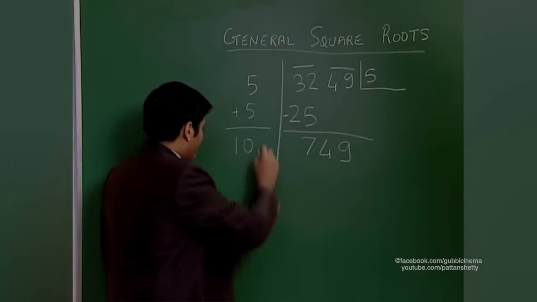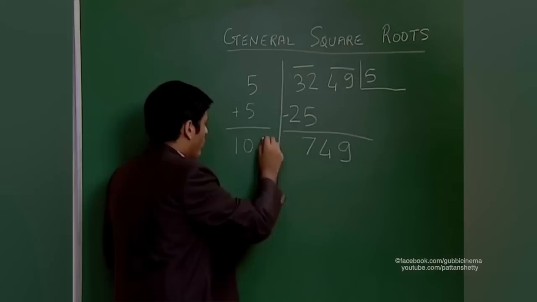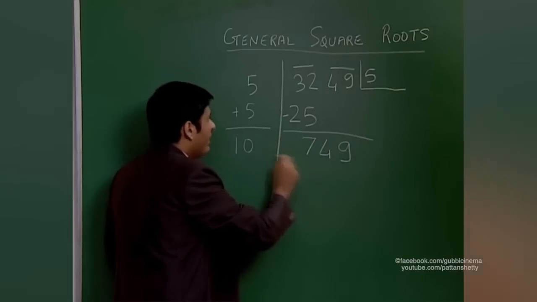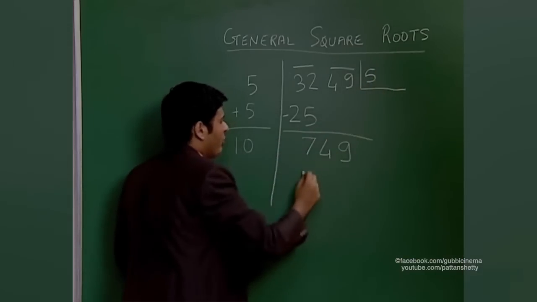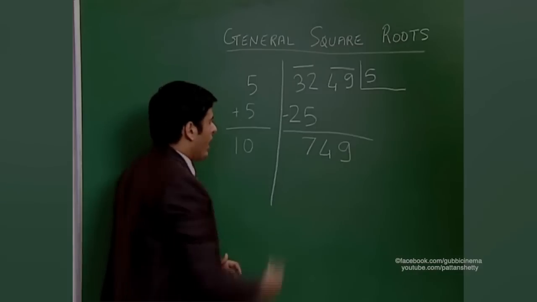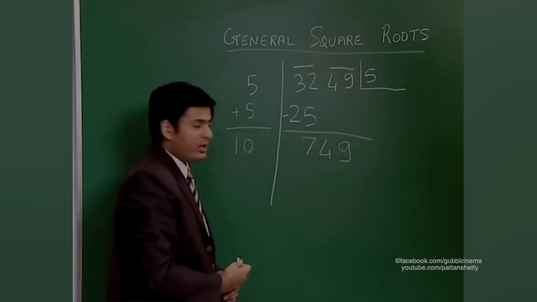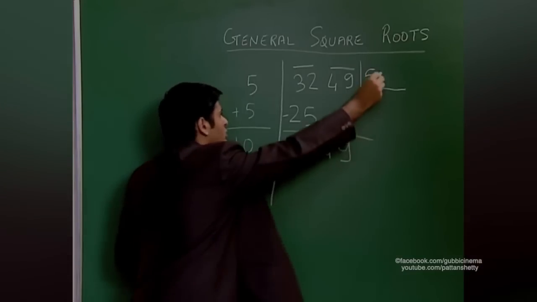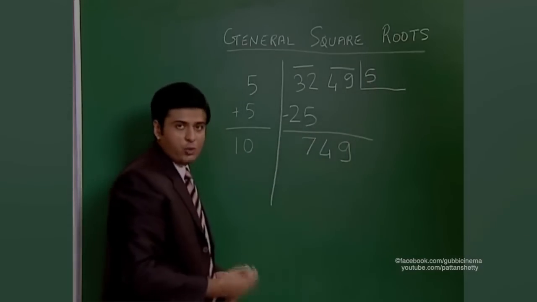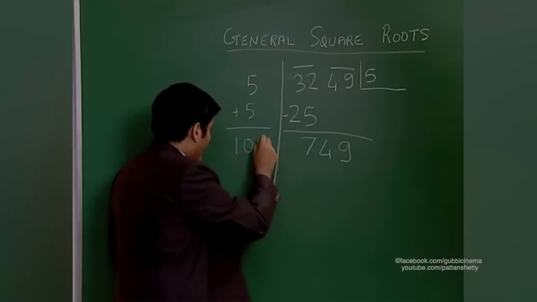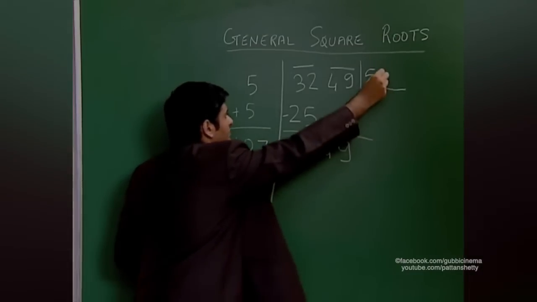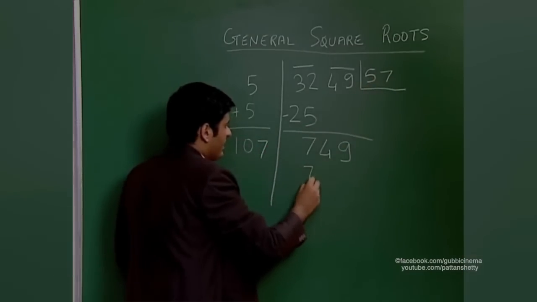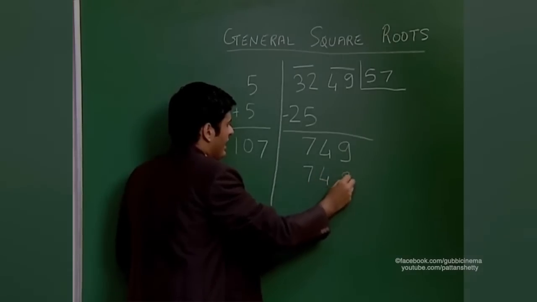So if I suffix 1 here, it becomes 101. 101 multiplied by 1 would give me 101. It won't do. I need to reach much closer to 749 or the number itself. 102 times 2 would give me 204. Still won't work. But we see 107 times 7 gives me 749.